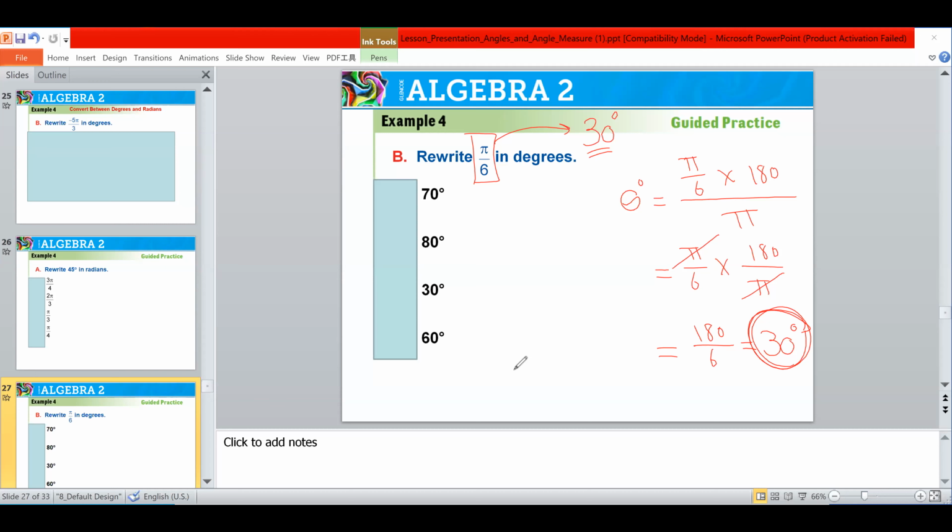To change from degree to radian, we write pi up and 180 down. And the opposite if we want to change from radian to degree. Thanks, Fahd.